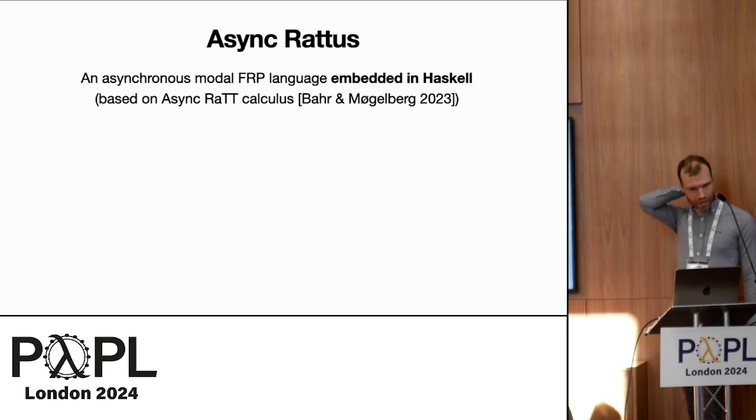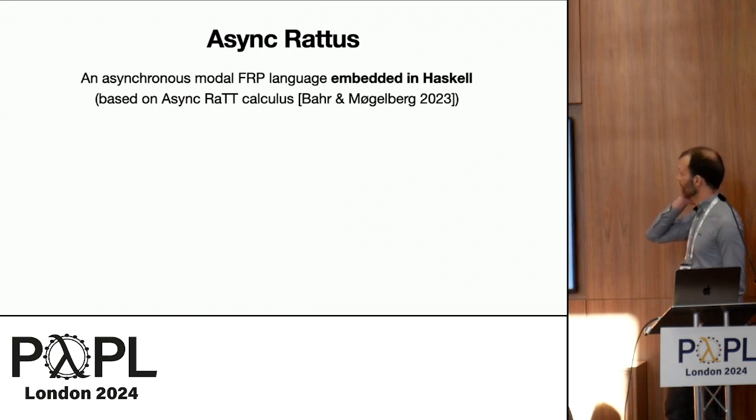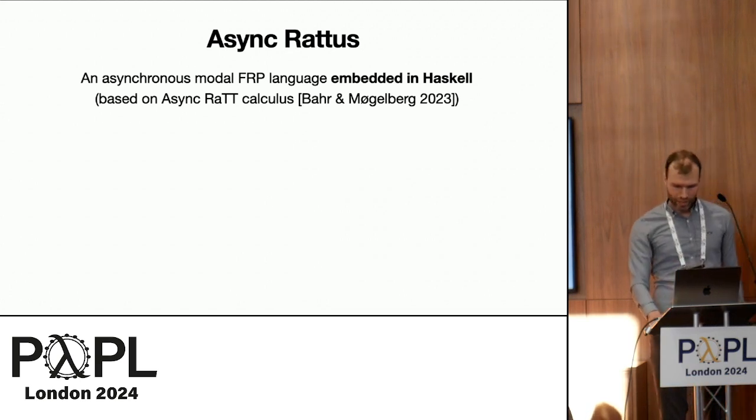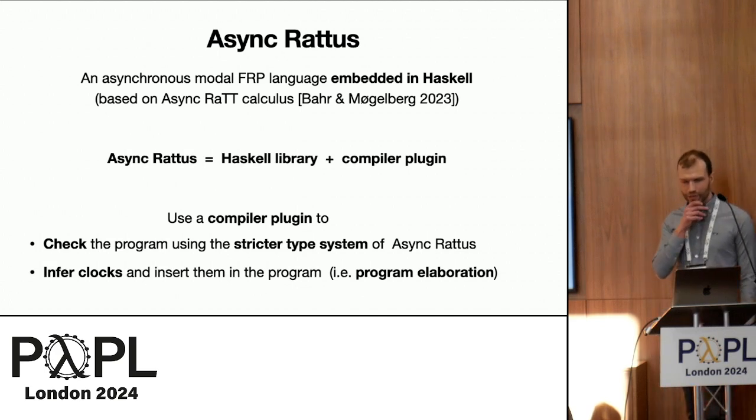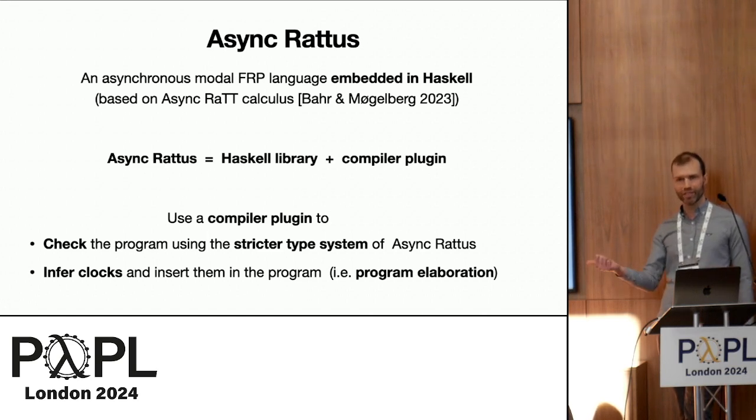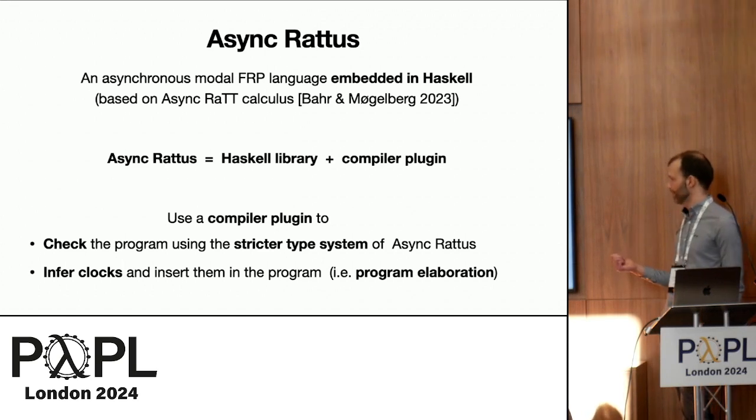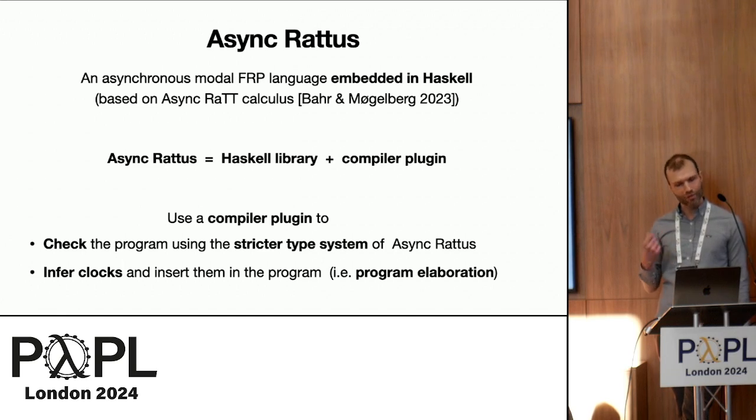This is based on the calculus called Async Rat that I mentioned earlier. It does it in two parts. The language consists of an actual library that gives all the combinators, for example delay and advance, to interact with the modality. But it also needs something extra: a compiler plugin that does all the extra parts required by the type system.